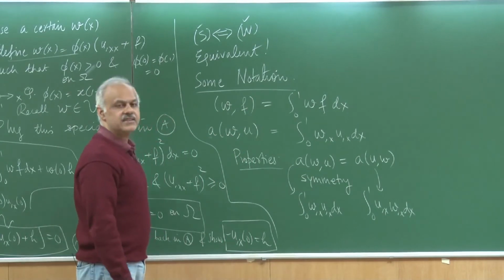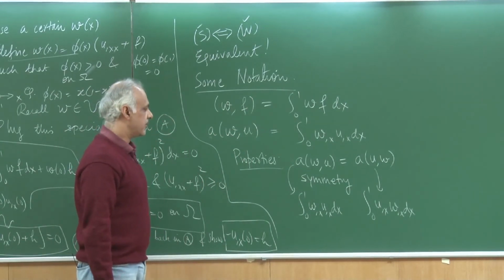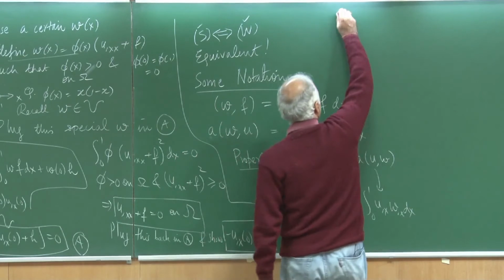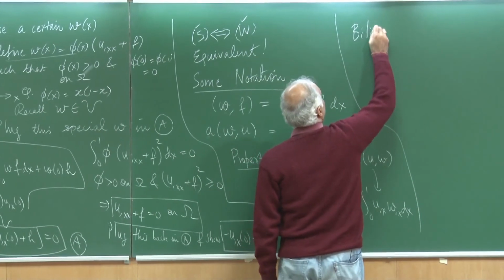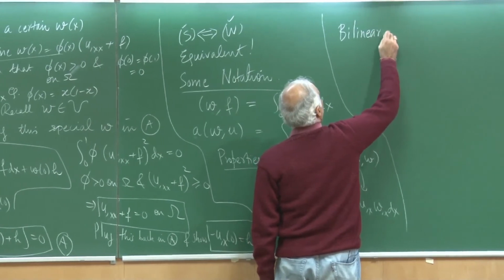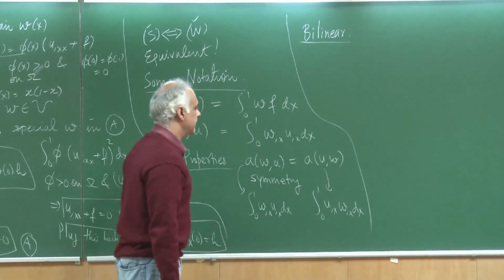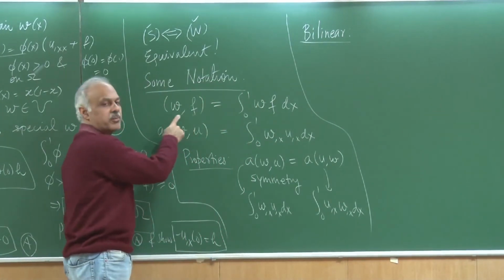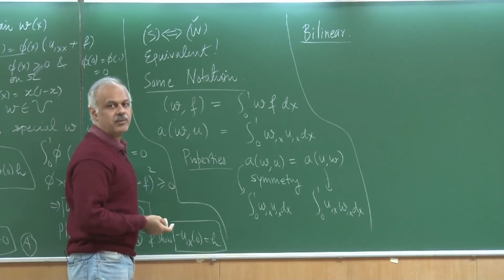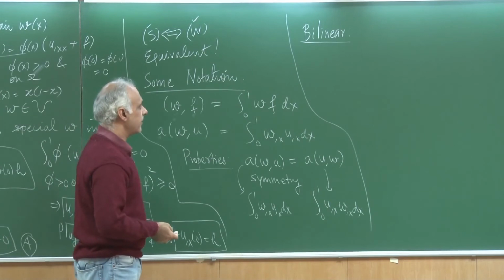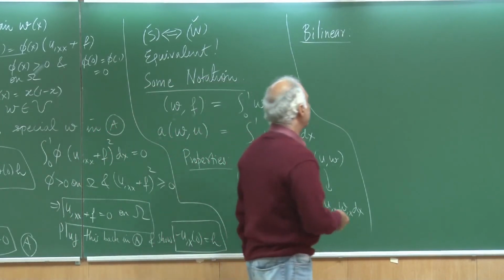So they are certainly symmetric. Okay. The other is that they are bilinear. In fact, you will notice that the inner product is also symmetric. So (W, F) is the same as (F, W).